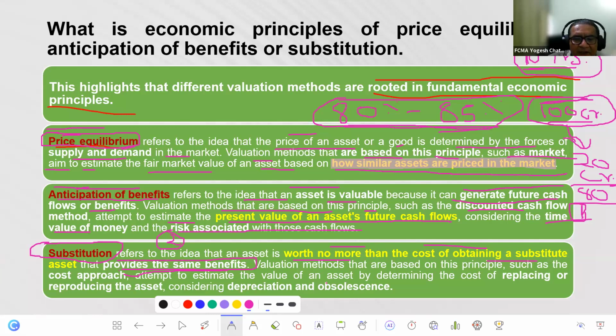The valuation methods that are based on this principle, like the cost approach, make an attempt to estimate the value of an asset by determining the cost of replacing or reproducing the asset, that is, a reproduction or replacement value, considering depreciation and obsolescence.